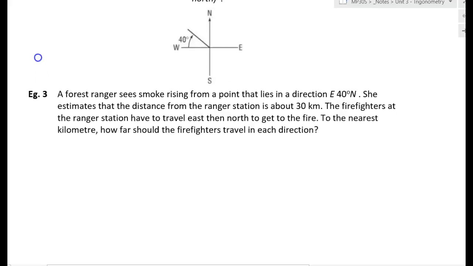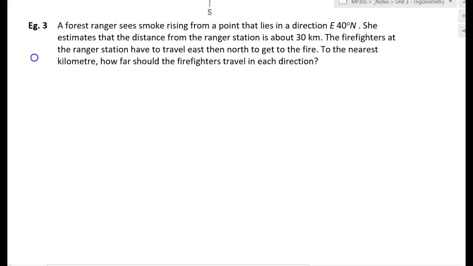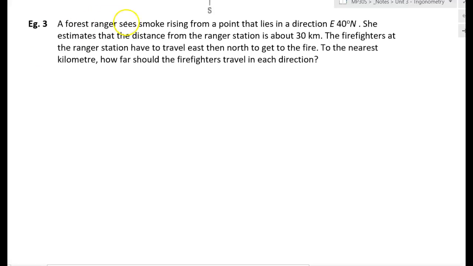Okay, so if we look at example 3, a forest ranger sees smoke rising from a point that lies in the direction. And we always start with our coordinates, so never eat soggy wingers or never enter stinky washrooms. However you remember that compass points, we're going to go east and then north 40 degrees.